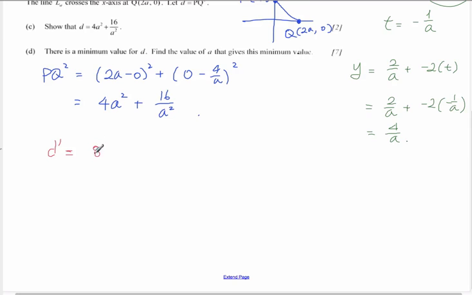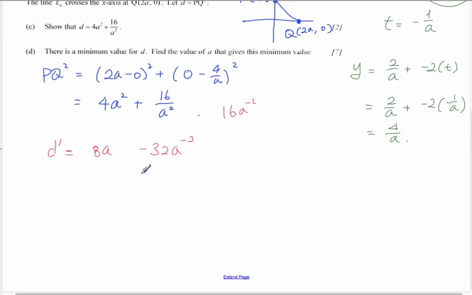So that's going to be 8a plus, this would be 16a to the negative 2, so it's going to be negative 32a to the negative 3. Right? And you can get rid of this plus sign if you like.